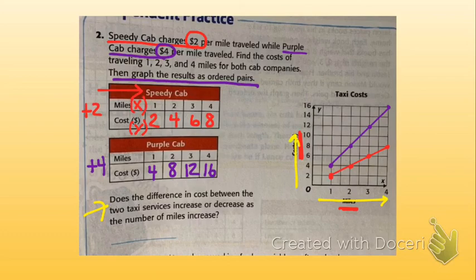So it is going to increase. And as we talked about over here with the rules, Speedy Cab increases by 2 and Purple Cab increases by 4. So there are our points, and there is our graph as we have graphed those 2 points.